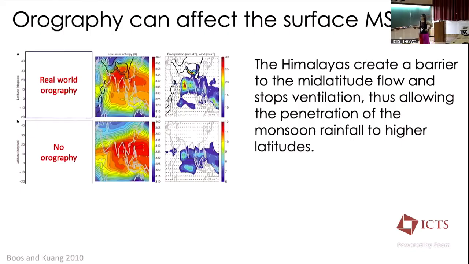So the claim is that the mountains to the north stop ventilation, stop the incursion by the westerlies, so that when those are gone, you can erode your MSE, you can have tropical air and mid-latitude air mixed together, and end up with less strong and less northward of a maximum.